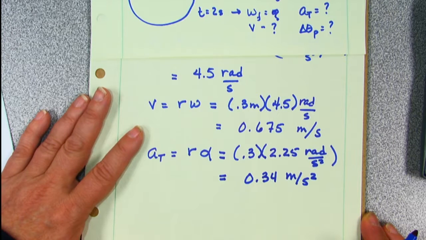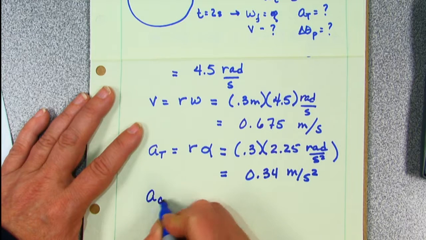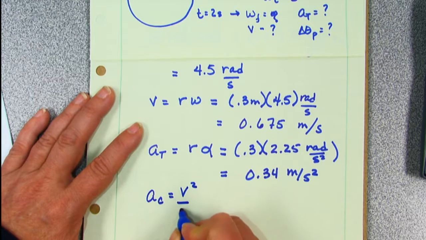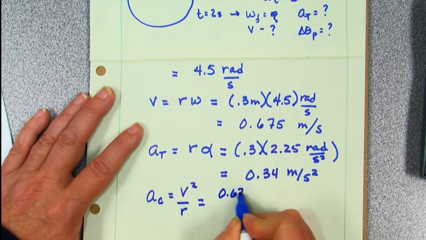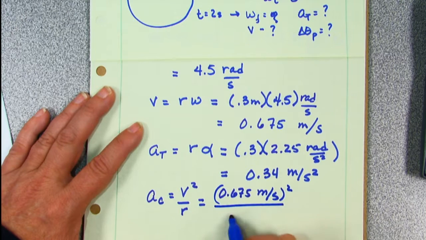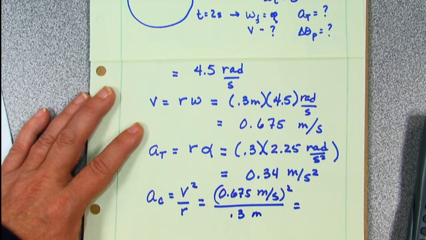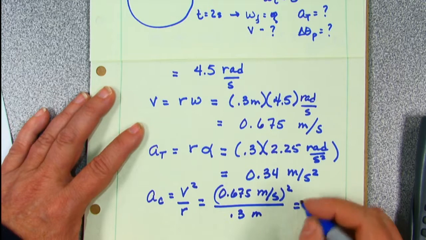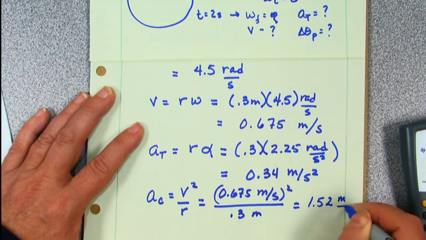If I wanted my centripetal acceleration, that's v squared over r. That's going to be my 0.675 meters per second squared divided by 0.3 meters, and that gives me 1.52 meters per second squared.